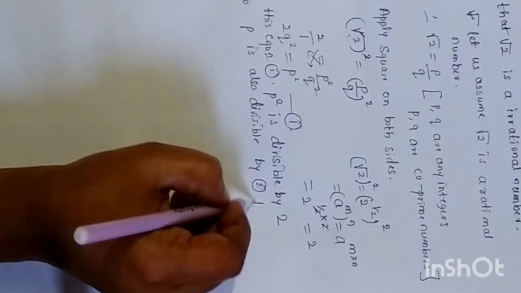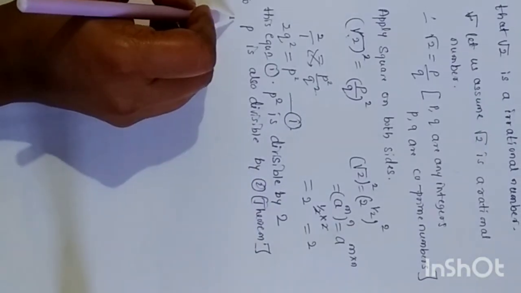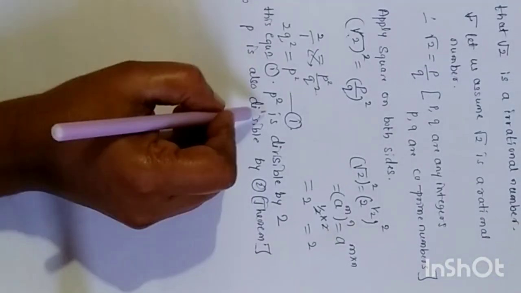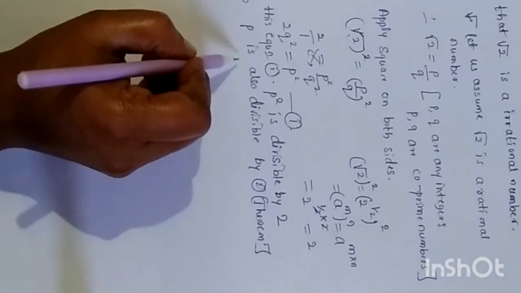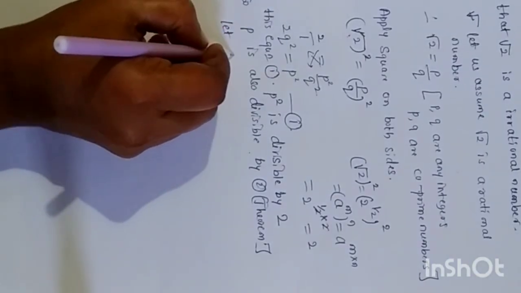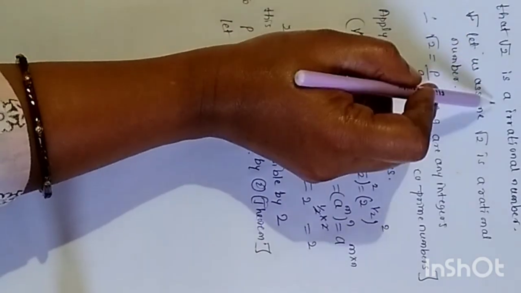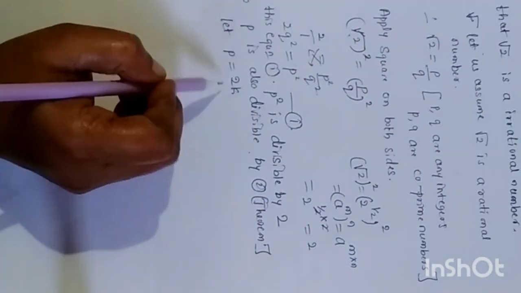This is our theorem statement. Therefore, here p square is divisible by 2, so p is also divisible by 2. Let us assume p equals some value, it means 2k.